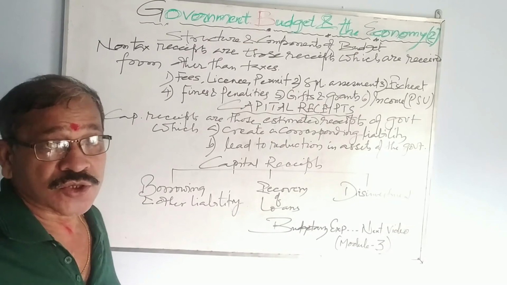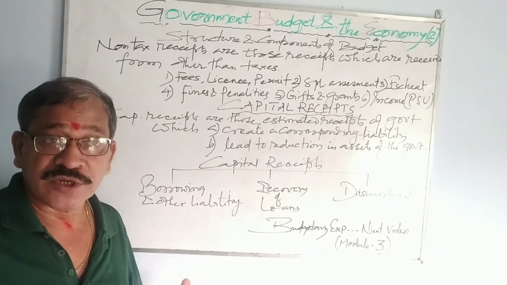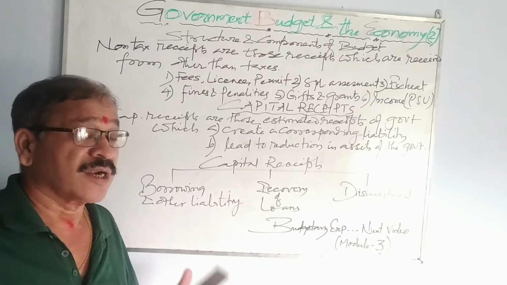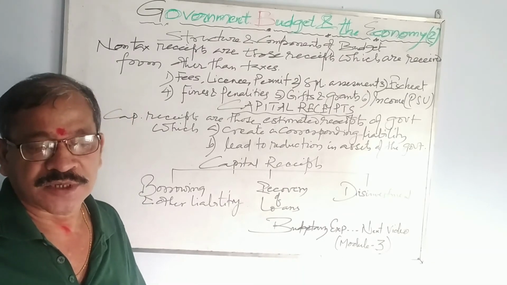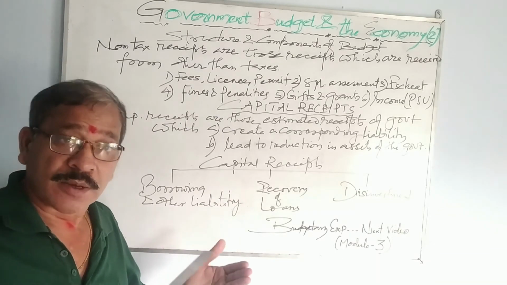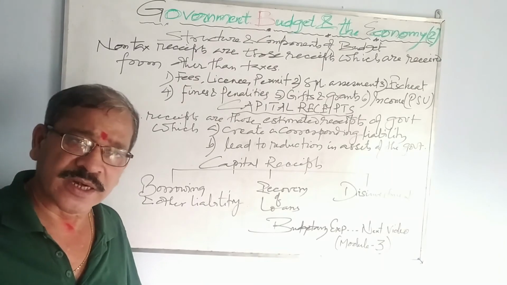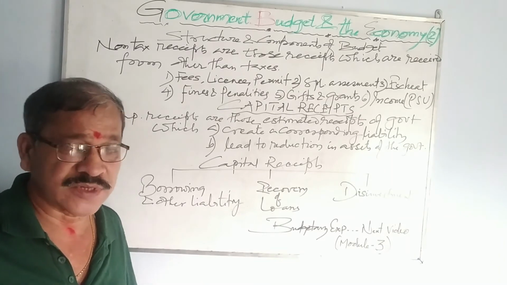Okay, so we discussed revenue receipts. Revenue receipts have two types: tax receipts and non-tax receipts. Tax receipts we discussed: direct tax, indirect tax, regressive tax, progressive tax.